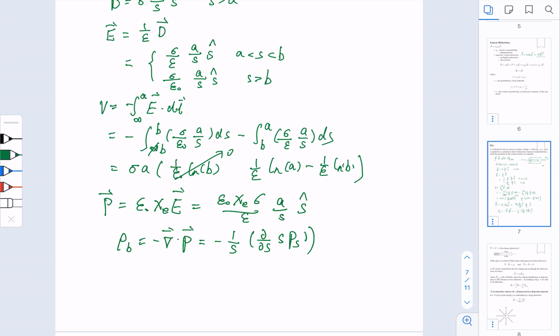If you multiply by s, this P is no longer s dependent, and so the volume bound charge is actually 0.